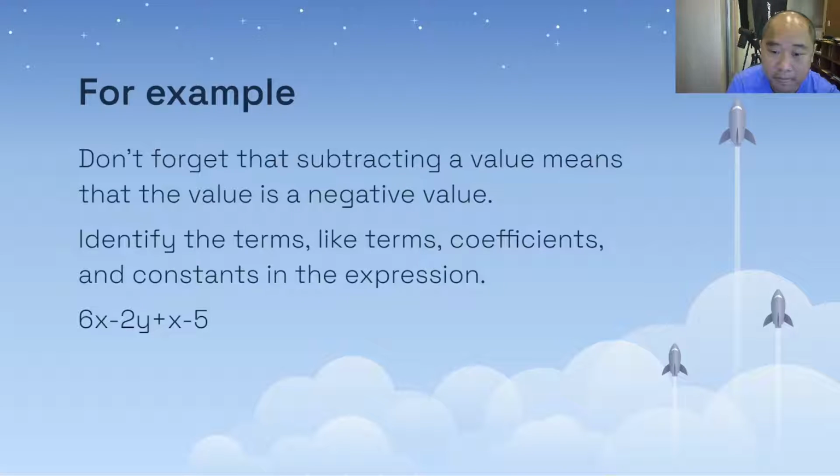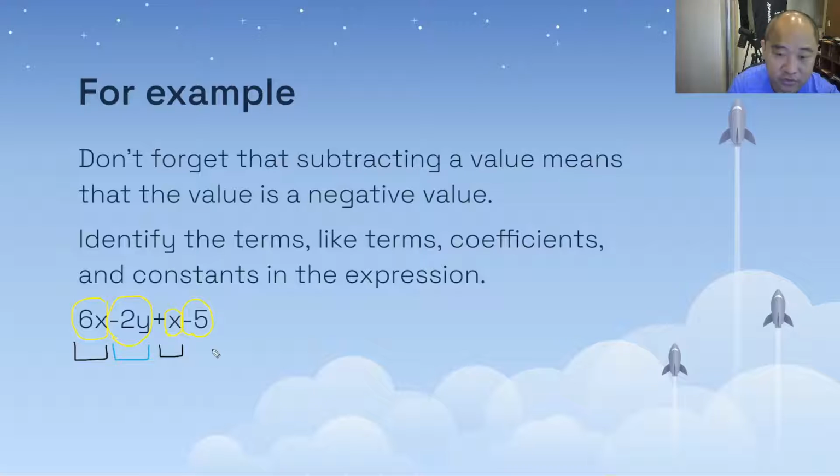So if we were to look at this and identify the terms, they would be 6x. Oh, I don't want to include that negative in there. 6x, negative 2y, x, and negative 5. Those are the terms. The like terms are 6x and x.